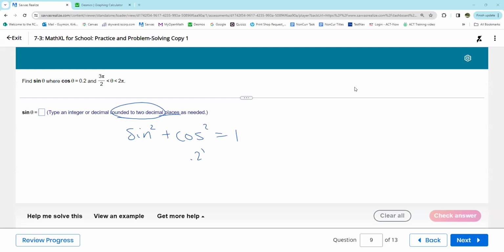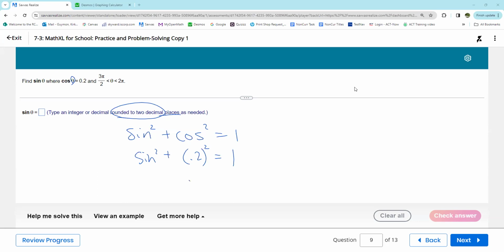So we can go 0.2 squared equals 1, and just say the sine squared. I know I'm supposed to have that theta in there, but we'll put it in at the end if we really need it. If you have a picky instructor who's going to take off points, make sure you put it there. That's how I would do it.